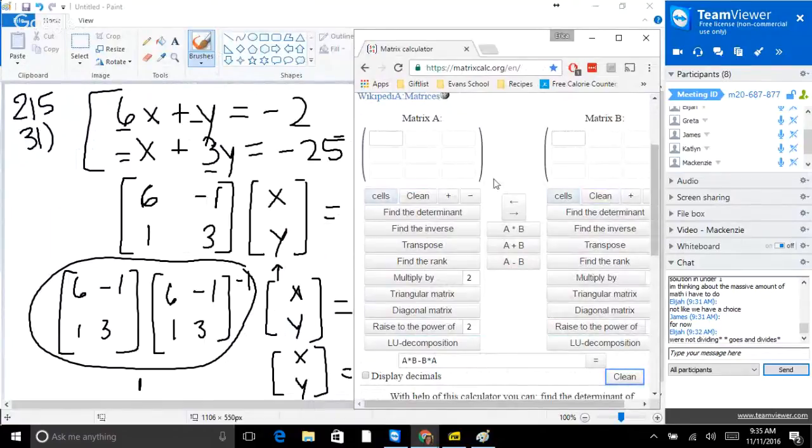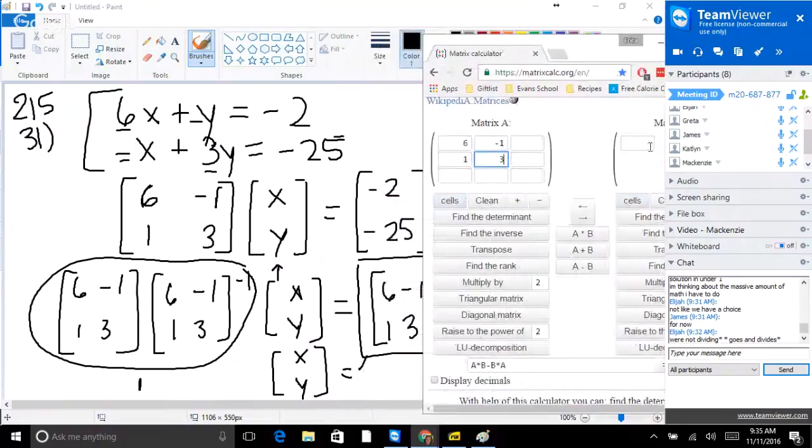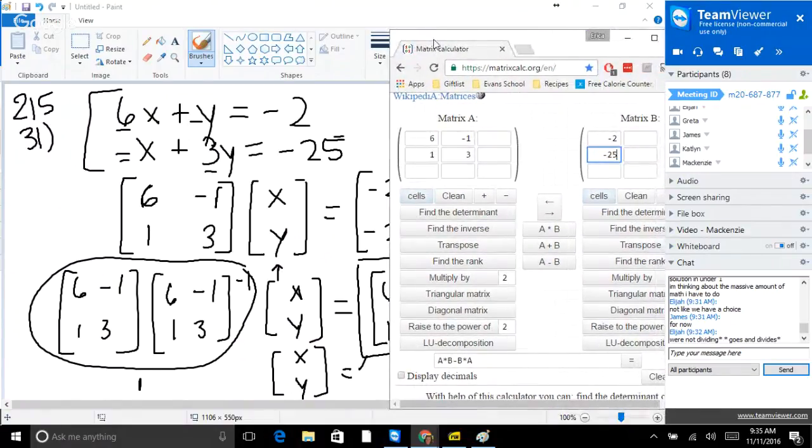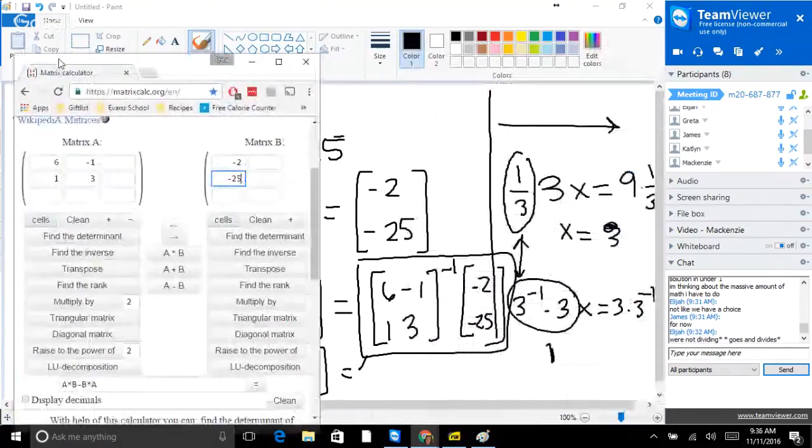Okay, so my original matrix was 6, -1, 1, 3. And then my answer was -2, -25.